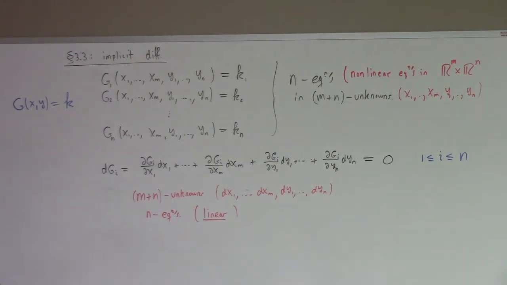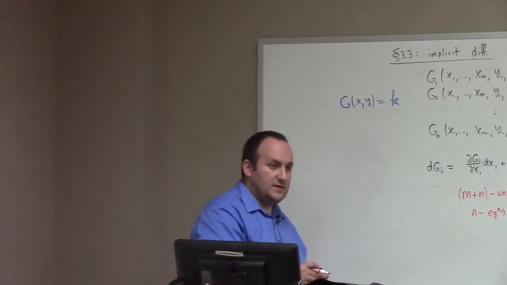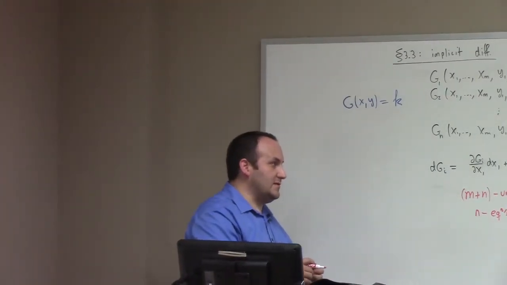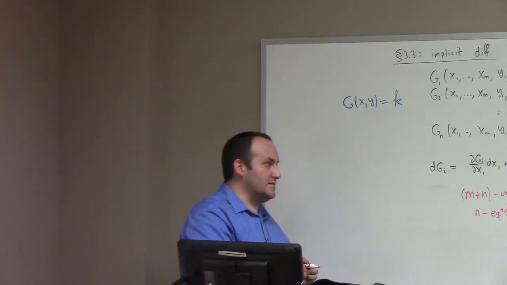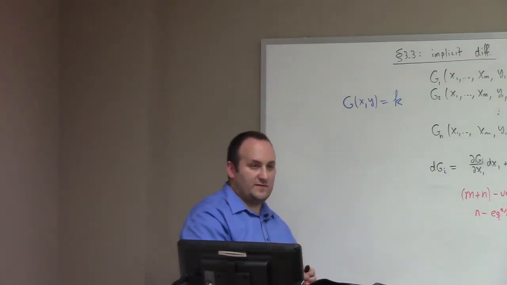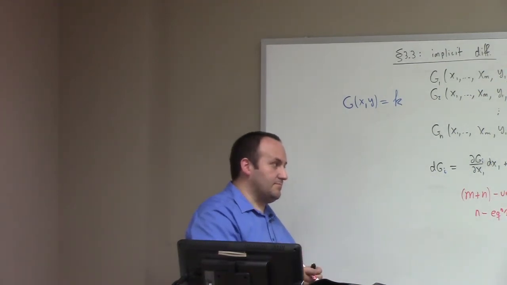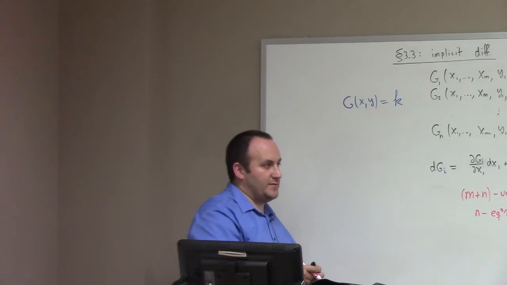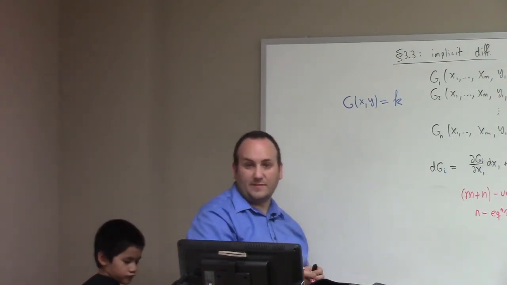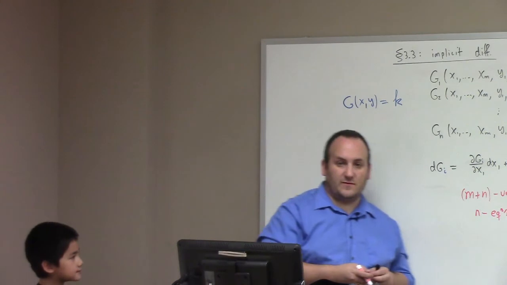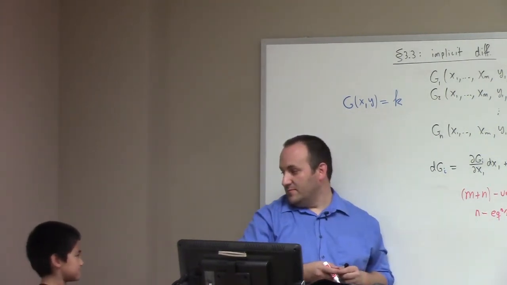And essentially the content of the implicit function theorem is to say that if you can solve the system of linear equations in the differentials for some subset of the differentials as a function of the others, then you can find functions for those dependent differentials, if you will, that express the corresponding dependent variables as functions of the remaining independent variables, which correspond to the independent differentials.